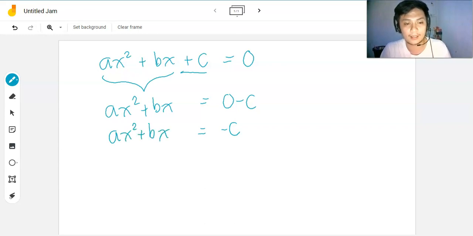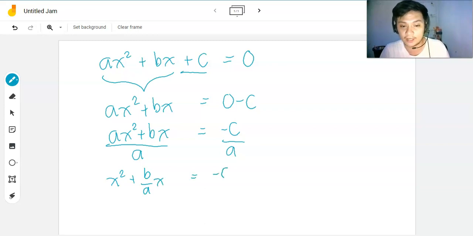Ayan. And the next step is to make sure that the coefficient in the quadratic term is just 1. And we can do that by dividing both sides of the equation by a. So, we are going to have now x squared plus b over a of x, and then equals negative c over a pa rin yan.